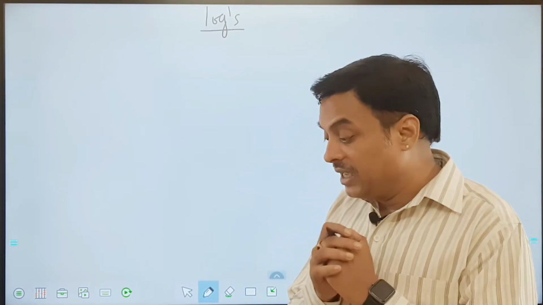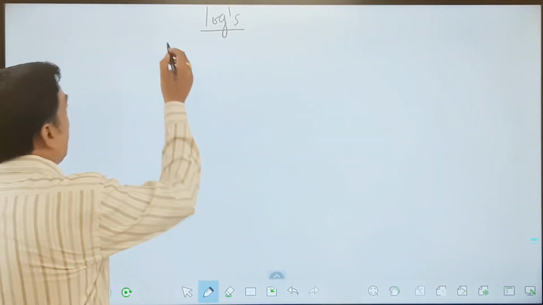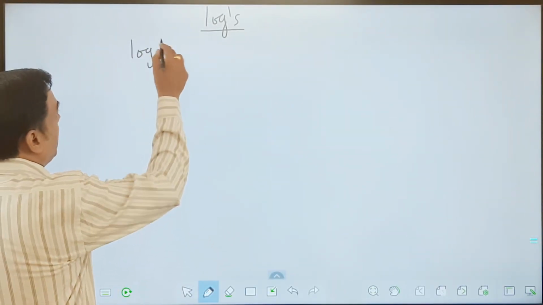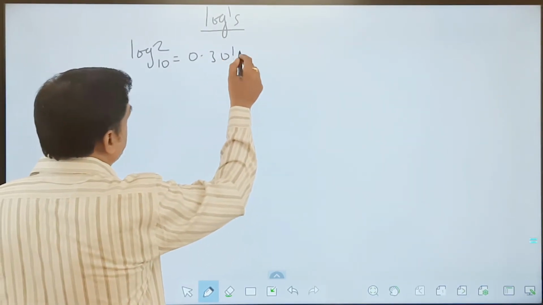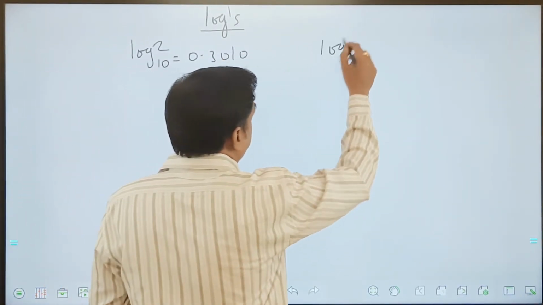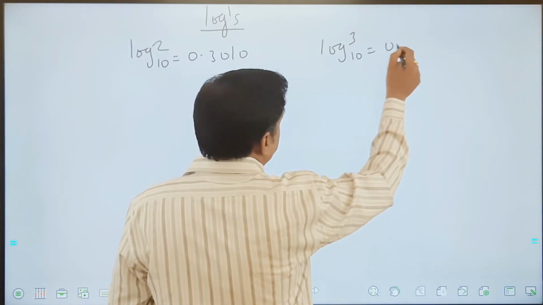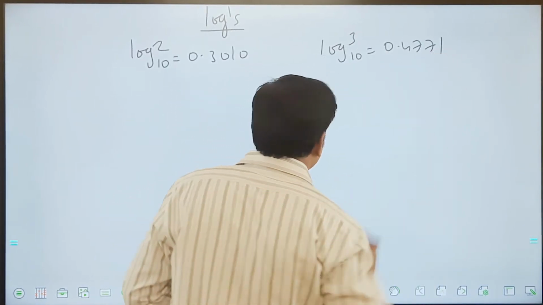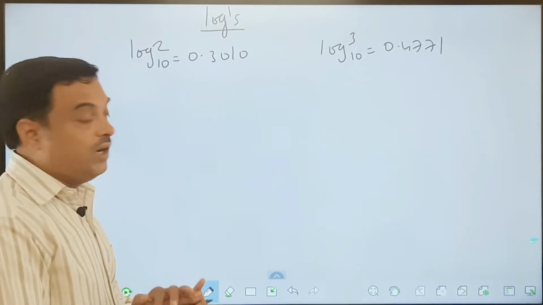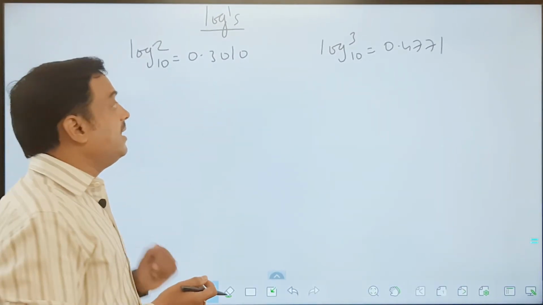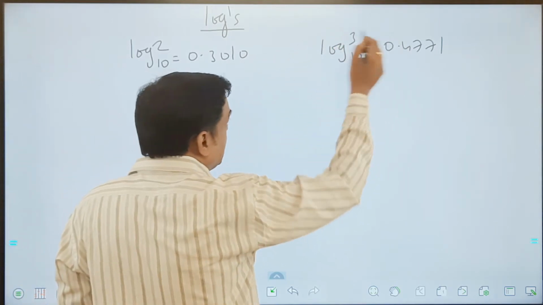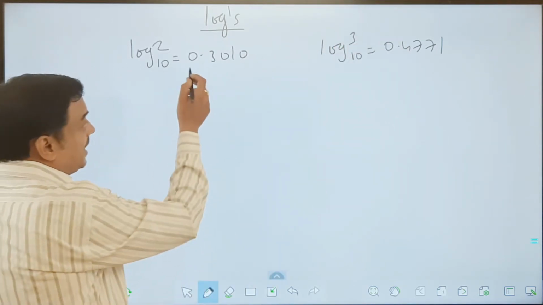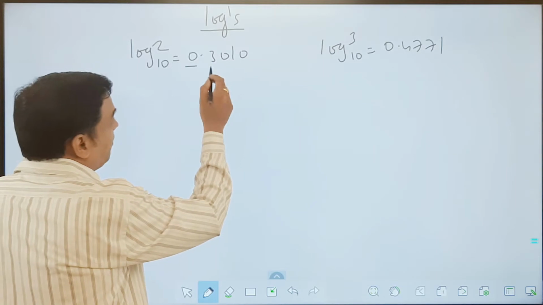Now why and how these things will work is important. I want you to always remember two values in logarithms: log 2 base 10 is 0.3010, and log 3 base 10 is 0.4771. Both are common logarithms. If you observe, when I write the value, it has two parts.